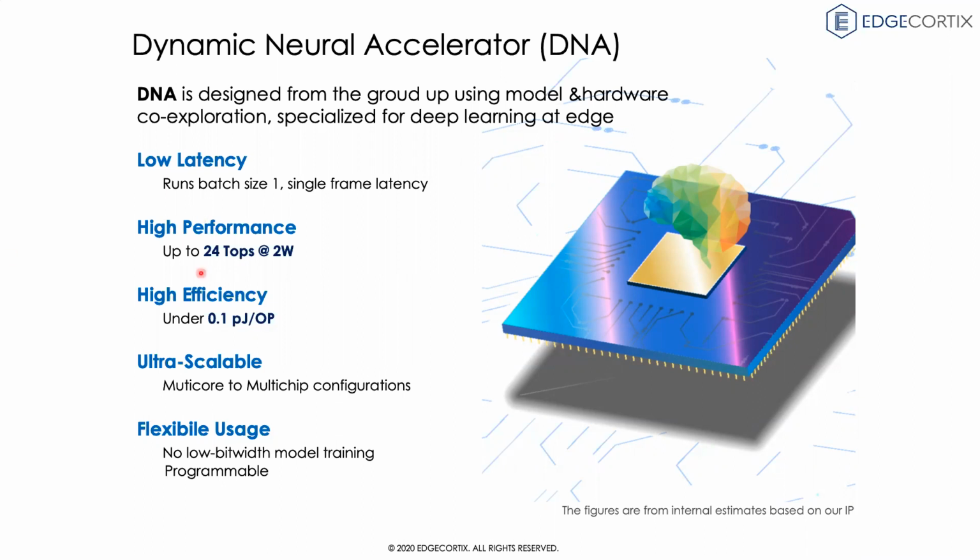You can also have ultra scalability. That means you're not restricted to a single accelerator or a single chip. You can have a chip with multiple cores, multiple such accelerators put together. You can also arrange multiple such chips together to create a larger configuration. Why that is essential is that if you take the same accelerator and deploy it in an environment like a smartphone, typically you have very different resource requirements or restrictions as compared to, let's say, a self-driving car.